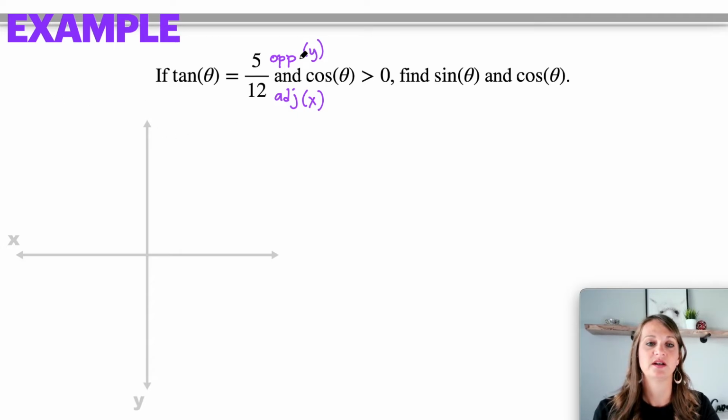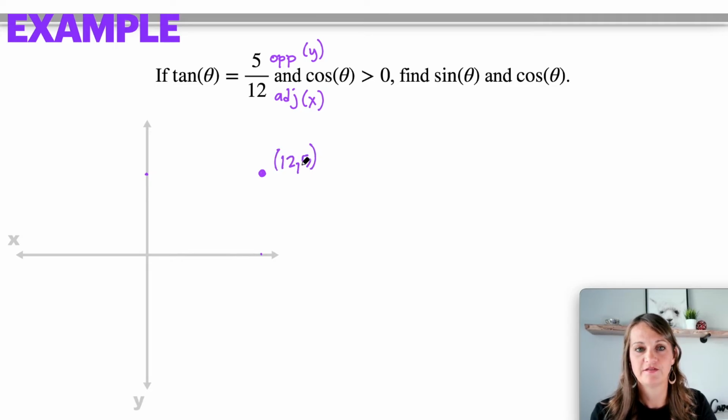So therefore, my y value is 5 and x value is 12. So this is the point 12, 5. And so now I can find the other trig functions.